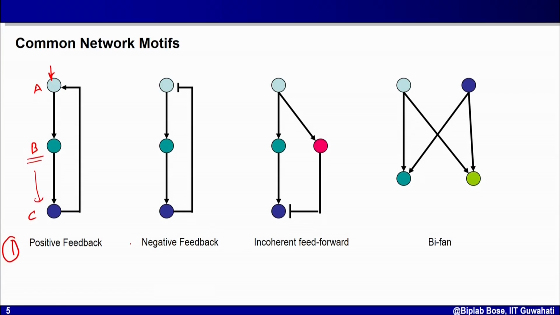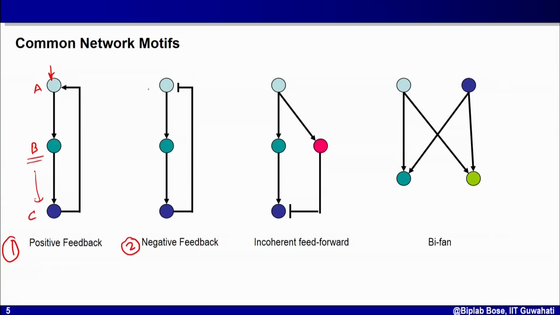Let us look into the second very common network motif in molecular processes, negative feedback. Just like positive feedback, it is the same thing where a feedback is there, but only the sign is changed. So what is happening? Maybe the first one is X, which is a transcription factor, which induces production of Y, suppose.